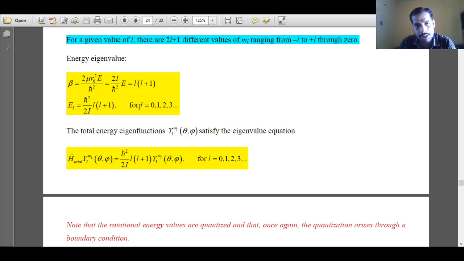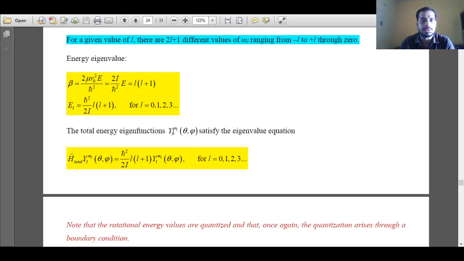And what are the L values? L is a quantum number, and L values vary from 0, 1, 2, 3, like that. So the energy states are not continuous, rather they are discrete in nature, and the energy values depend upon the quantum number L. When quantum number L changes, the energy value will change. Similarly, the eigenfunction, the spherical harmonic function, must satisfy the eigenvalue equation.